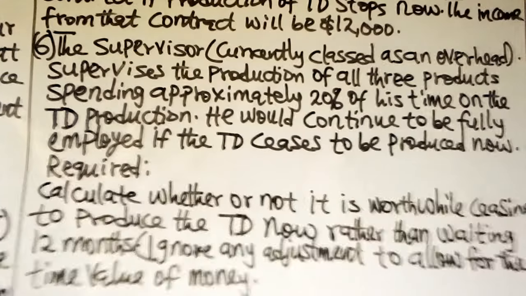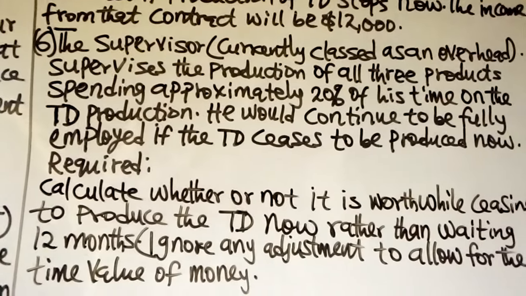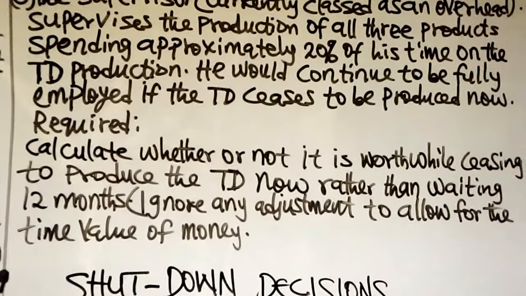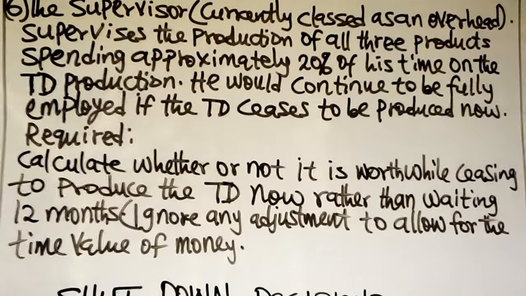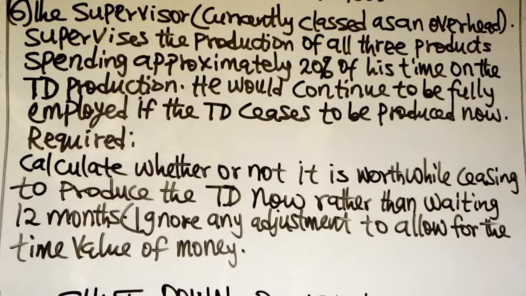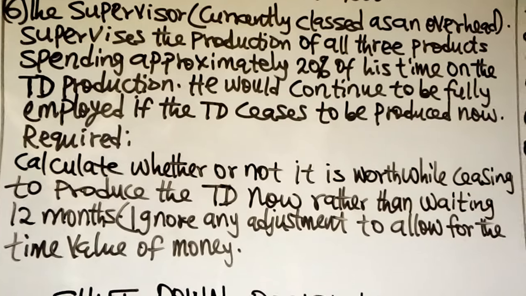Required: calculate whether or not it is worthwhile ceasing to produce the TD now rather than waiting 12 months. Ignore any adjustment to allow for the time value of money. That is the question.